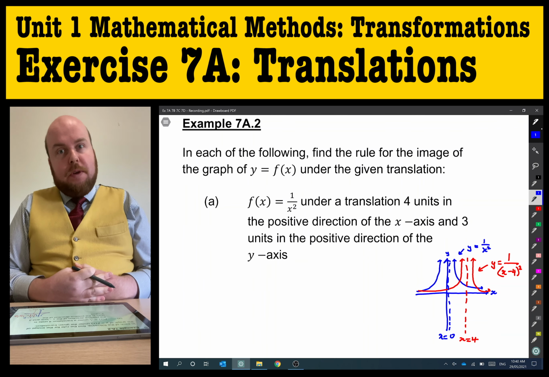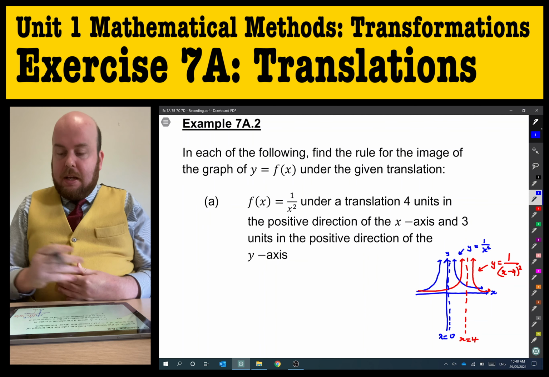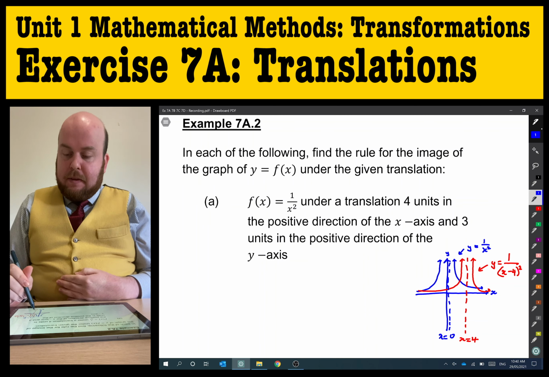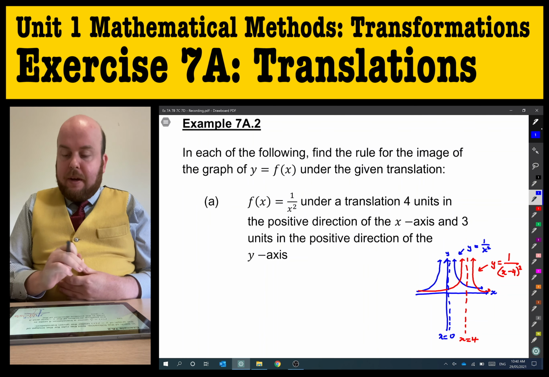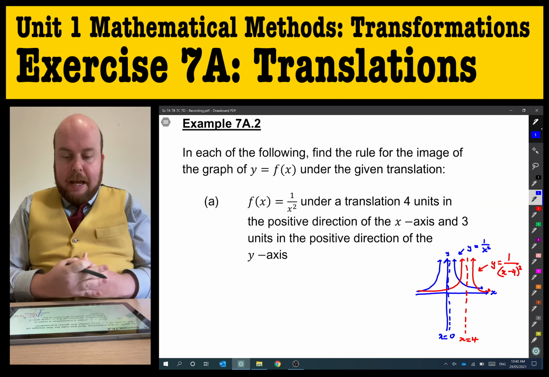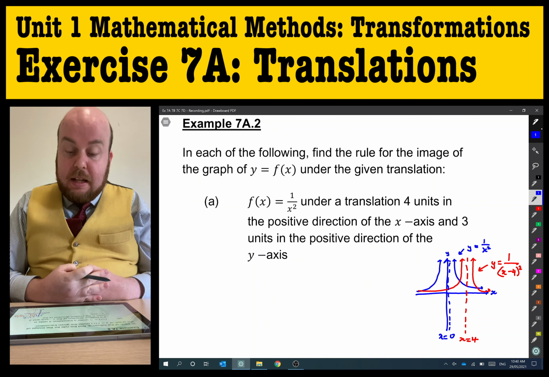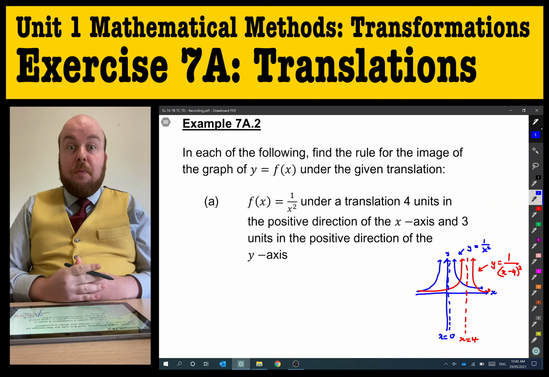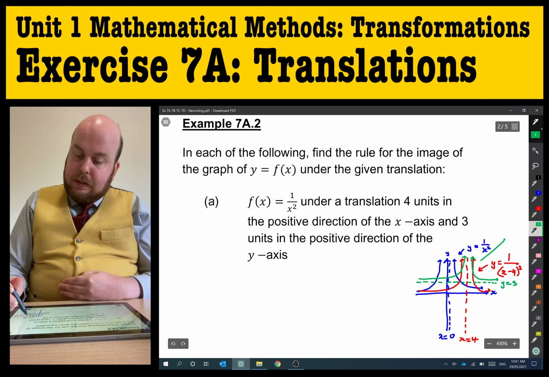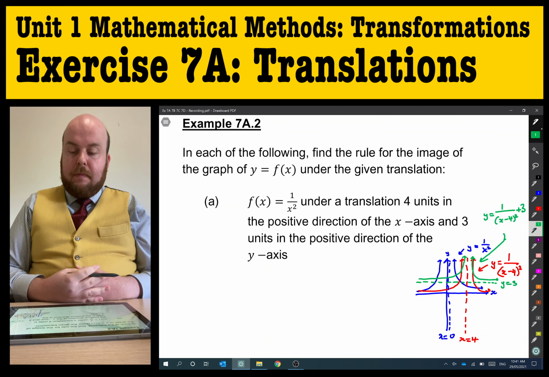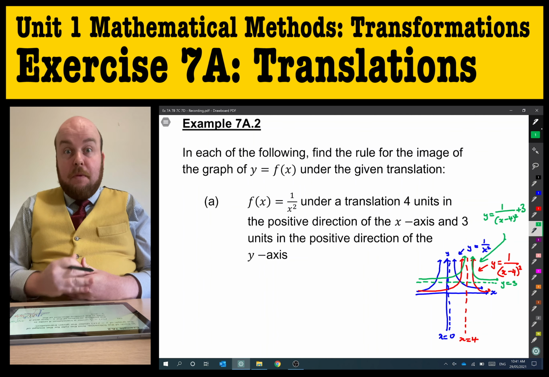Well, if I move it 4 units to the right, then we've got the asymptote at x equals 4, and so far the equation is going to look like 1 over x minus 4 all squared. And then it says 3 units in the positive direction of the y-axis. So what we have now done is we've moved the graph up.